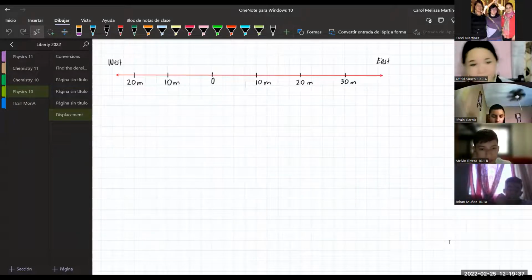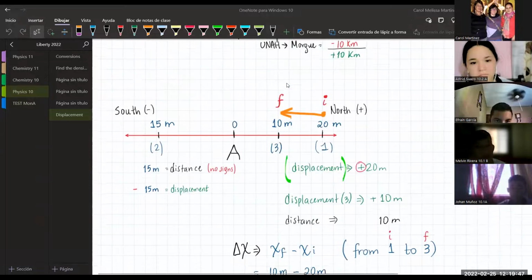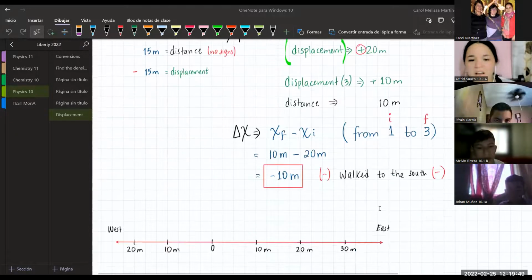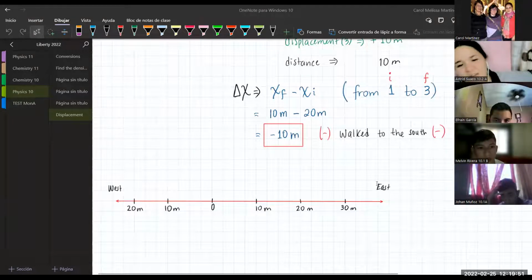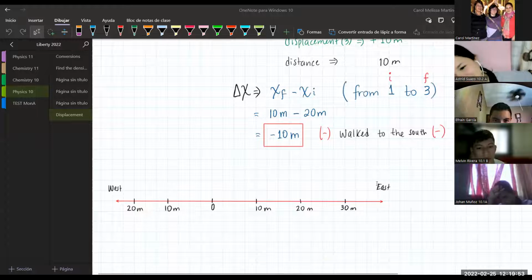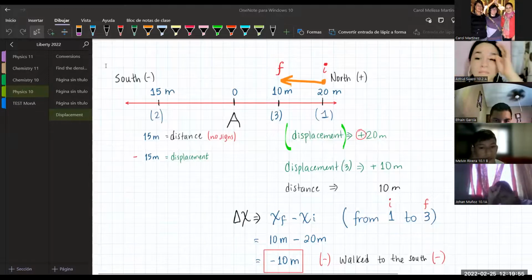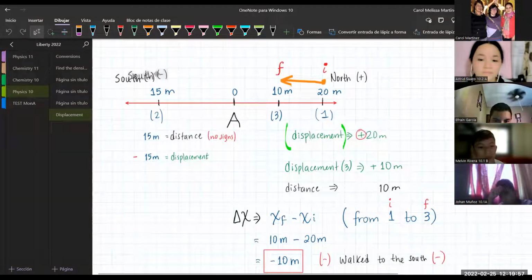A person is going to move. Why is it to the west? Yes, you read it correct. I already did the correction. It was south in here. I thought it was west, but no, it was south.